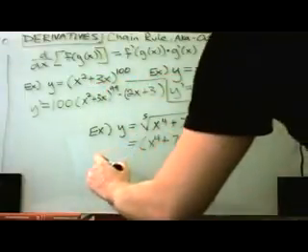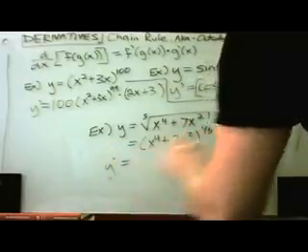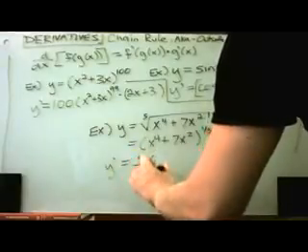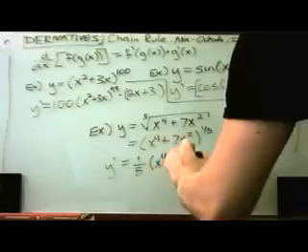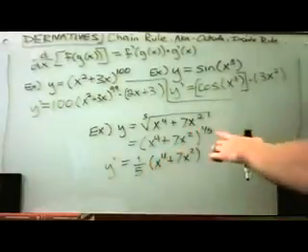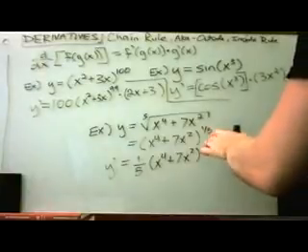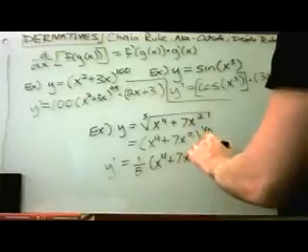So just like before, y prime, the 1/5 will come out front. I'll leave the inside alone. I'll take 1 away from this power. Subtracting 1 is equivalent to subtracting 5 over 5, so you'll get negative 4/5.